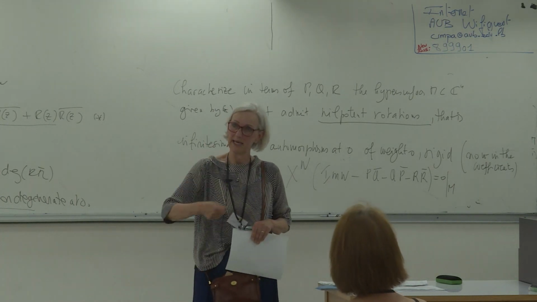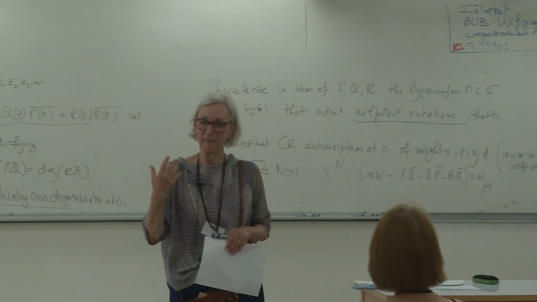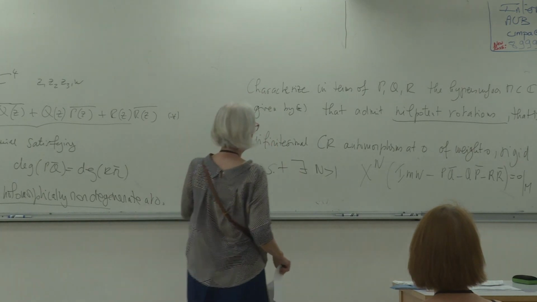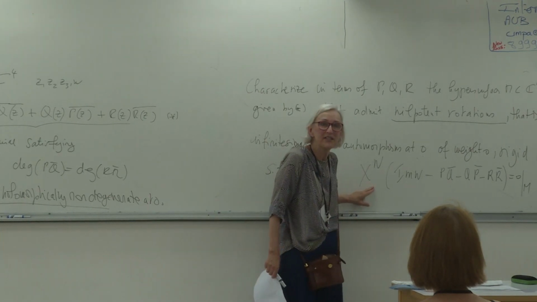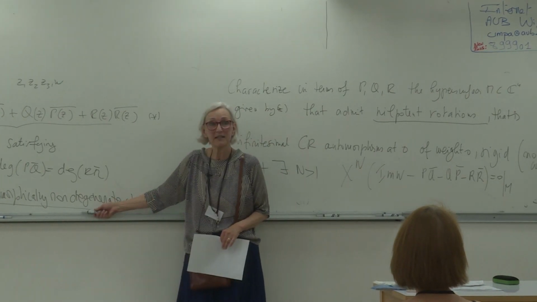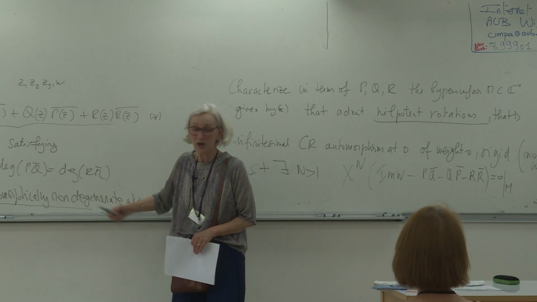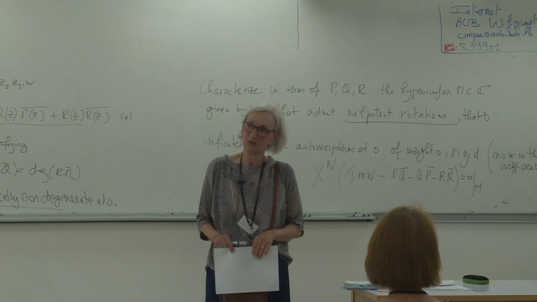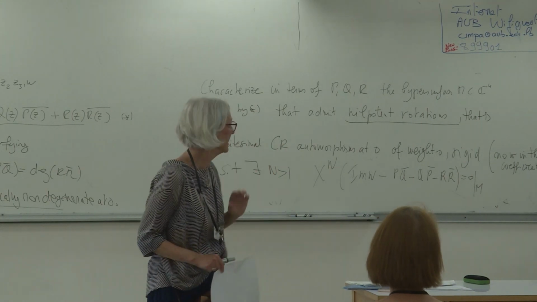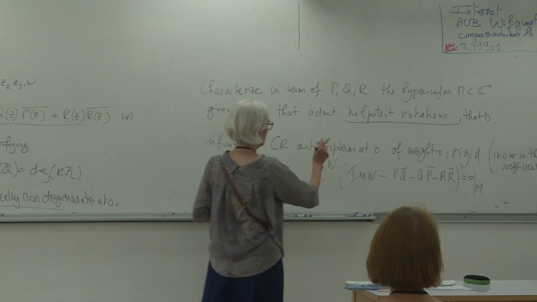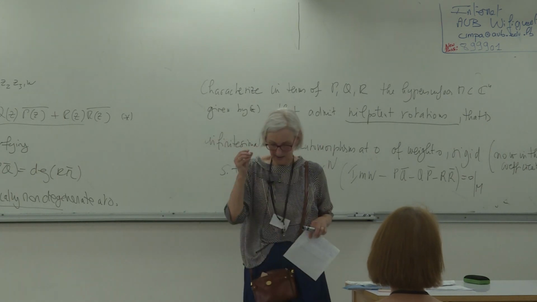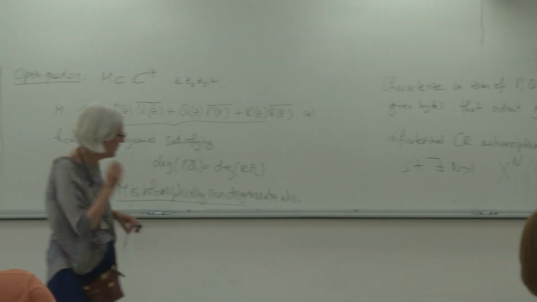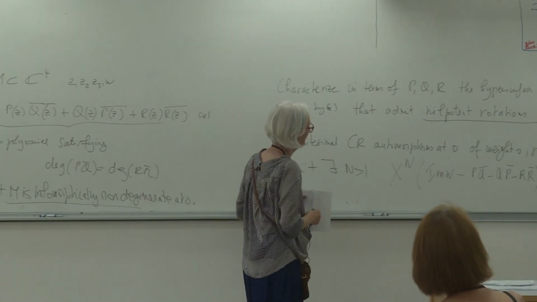You just keep applying it, and when you apply it to your hypersurface, it vanishes. Why do you need n bigger than 1? Because for n equal to 1, you know that it doesn't happen, since it's forbidden to have a holomorphic vector field applied to this giving 0. But if you keep repeating, you could have a nilpotent rotation, an infinitesimal CR automorphism of weight 0 with no w.